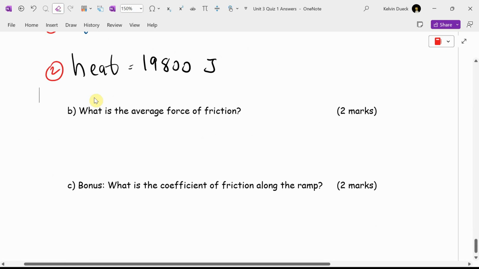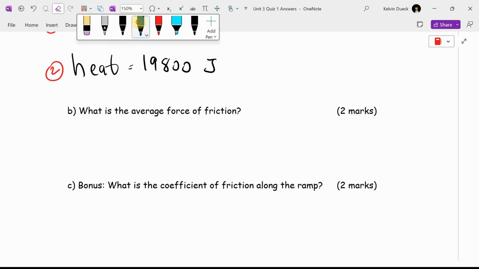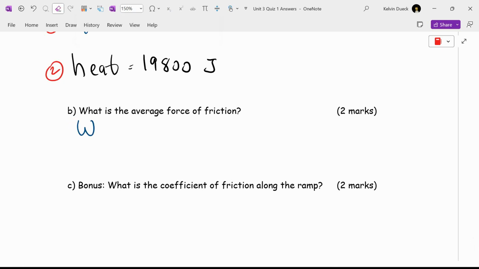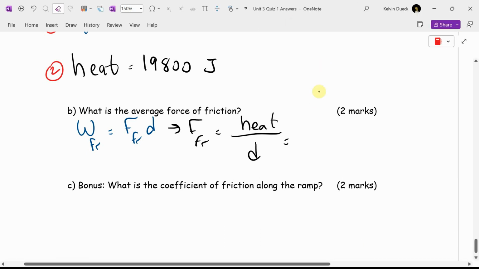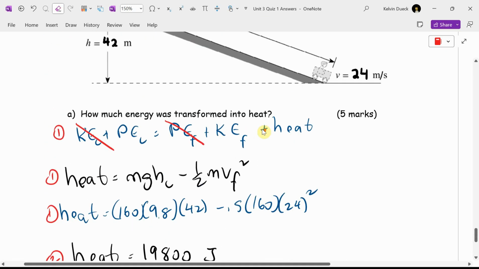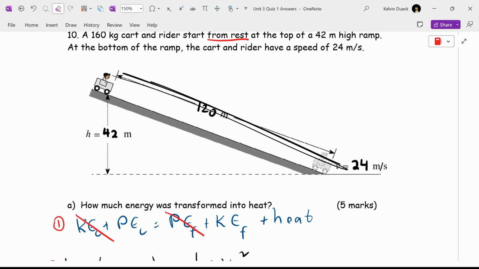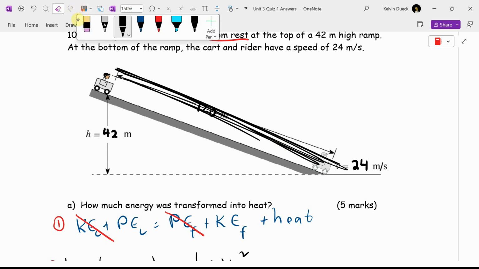What's the average force of friction? Well, another way to think about heat is the work done by friction. That's going to be the force of friction times distance. So friction is going to be heat divided by distance. I want to use the full value, 19,776, divided by the distance that's in the same direction as friction, which in this case is the 120.